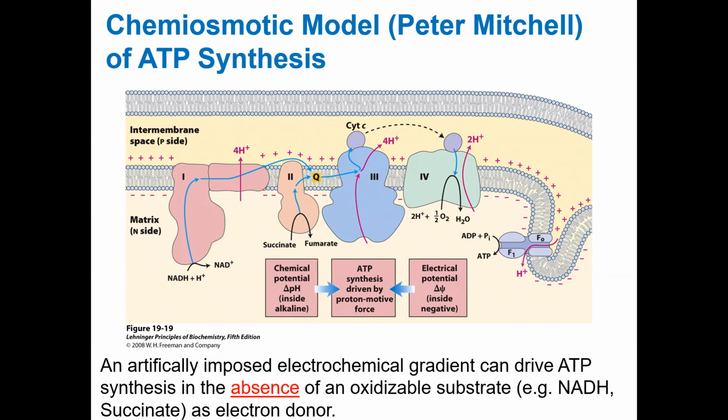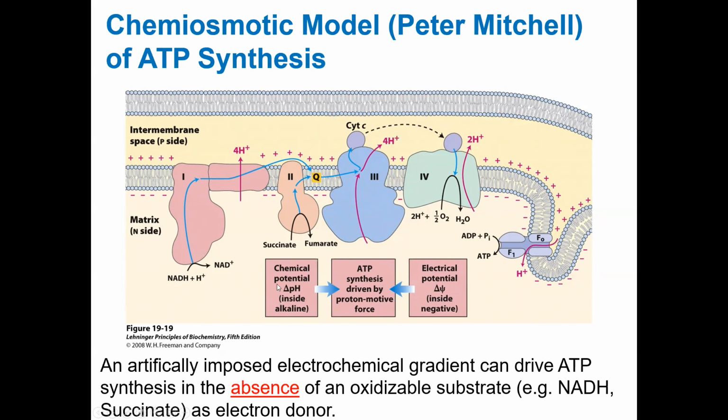And that electron flow is accompanied by certain protons being pumped into the intermembrane space, and that produces both a chemical gradient, which will be represented by delta pH, and an electrical gradient that will be represented by delta psi of the previous slide, right?